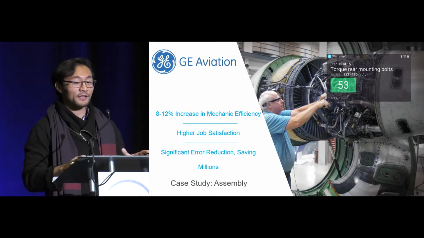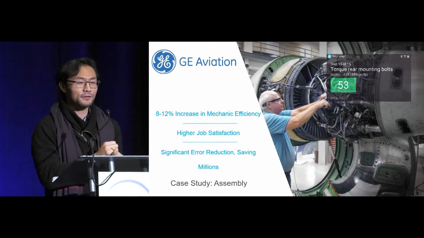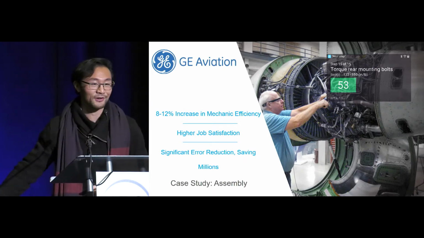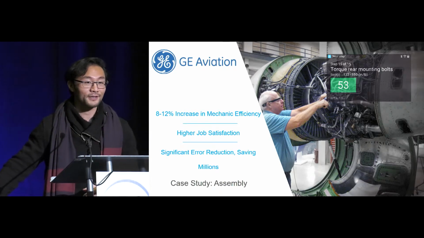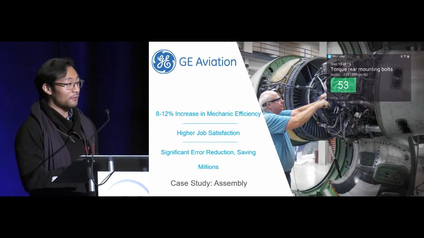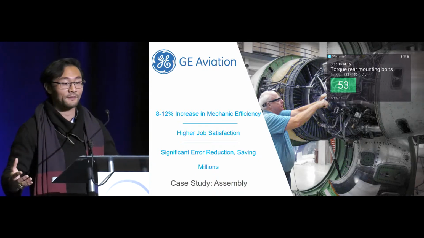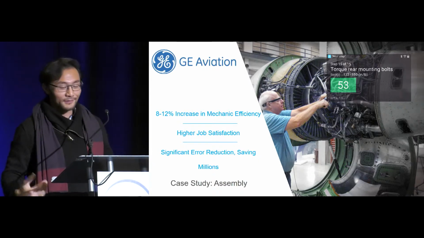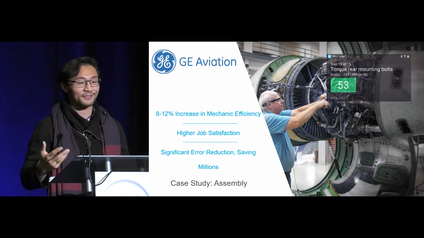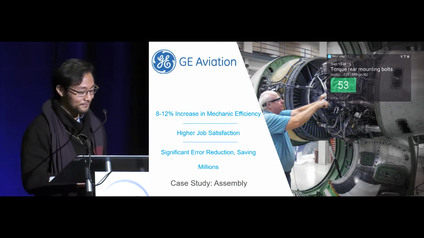And so all that information is there, which means that you have a huge reduction in error. It's much faster. Again, you no longer have to keep going up and down to that notebook. And so again, it's just an increase in efficiency, a reduction in error. And of course, you get the usual benefits of safety as well, since the less you have to go up and down ladders on an engine, you can imagine, means that you fall down less often as well.